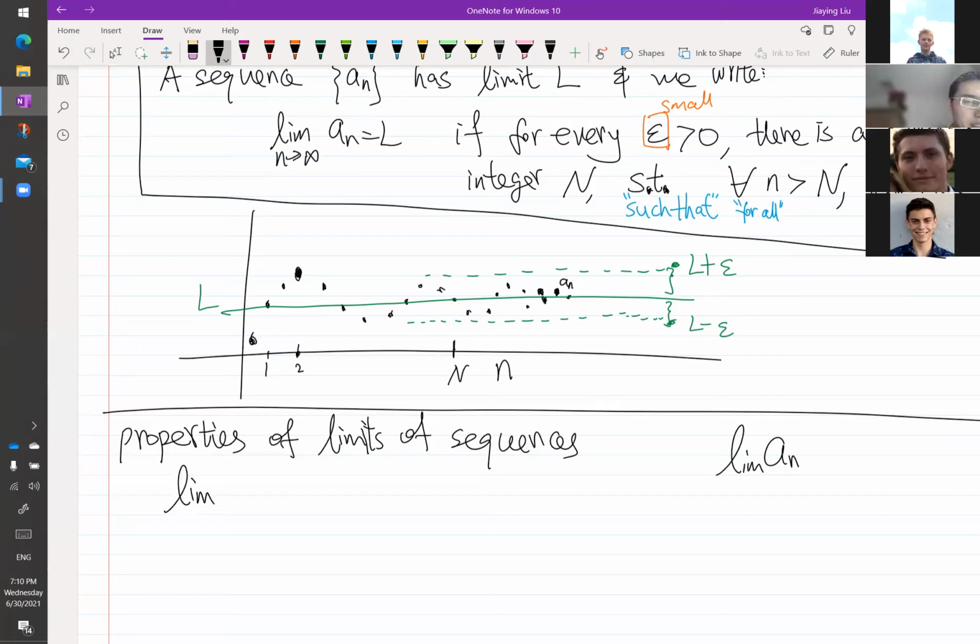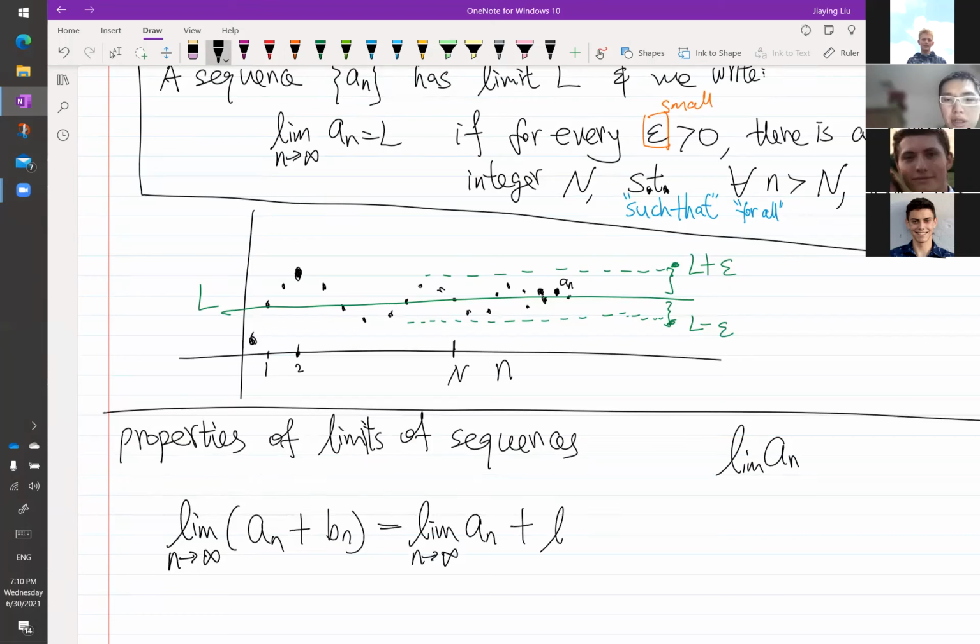So if we take the limit as n goes to infinity of the sequence a_n plus the sequence b_n, if we want to find that limit, we can just find the limit of each of them separately and add them together. This is nothing new, just like the limit of f of x plus g of x.